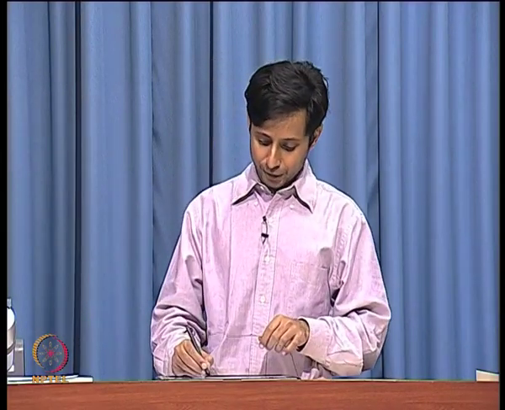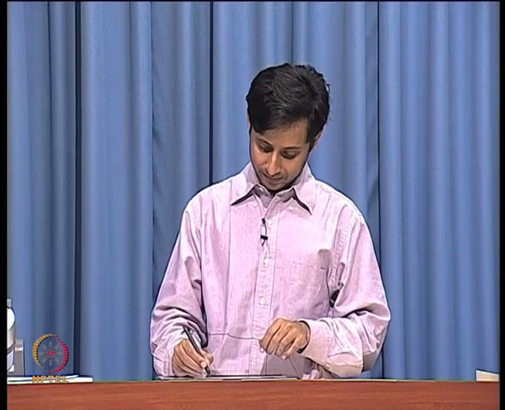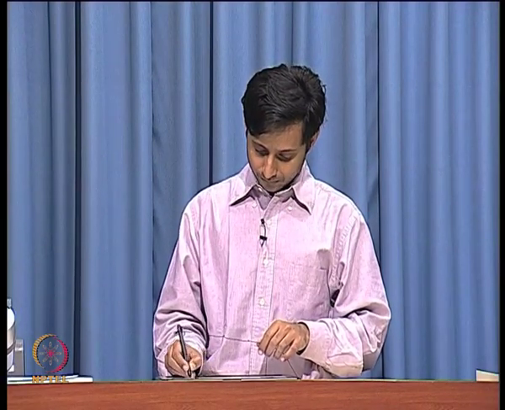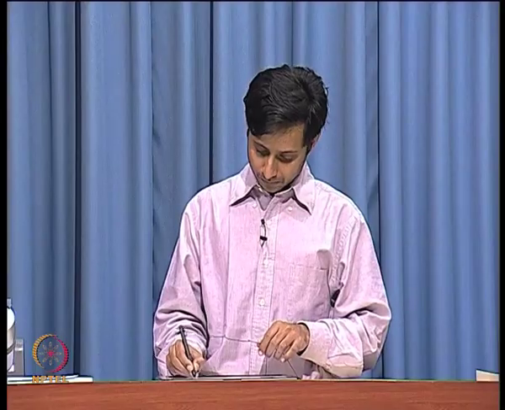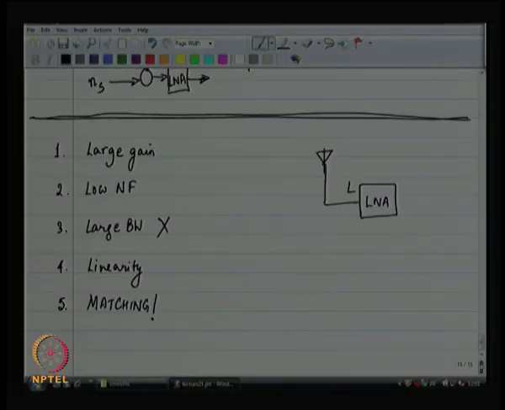So, you have got your low noise amplifier that looks like this. The input impedance of the low noise amplifier should be matched to the resistance of the antenna. Why? Two reasons. One is to conserve the shape of the signal and the second is to do maximum power transfer.